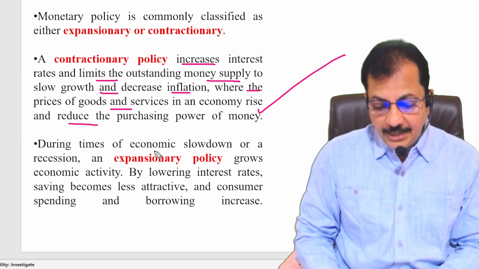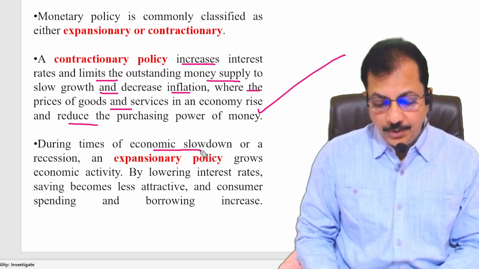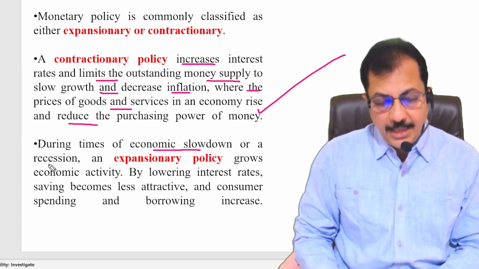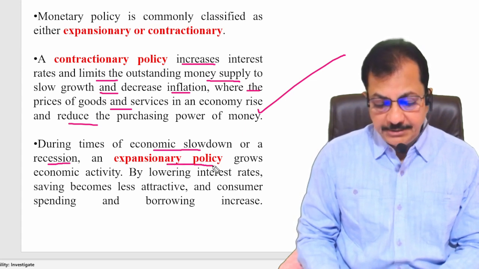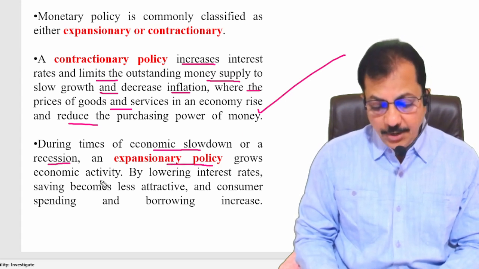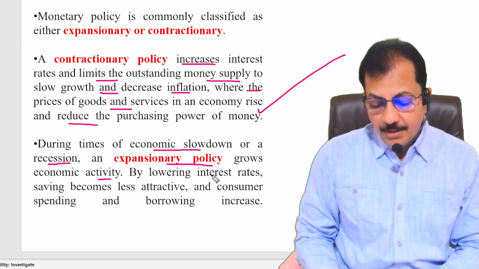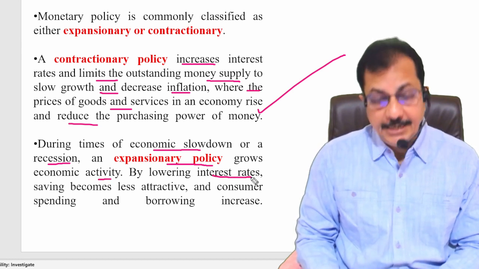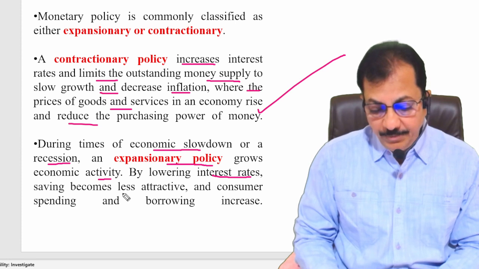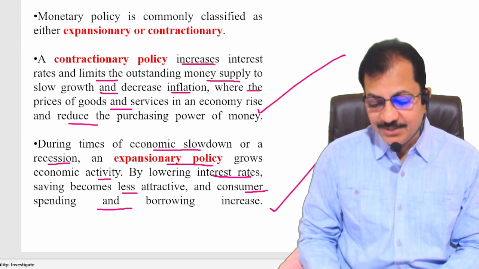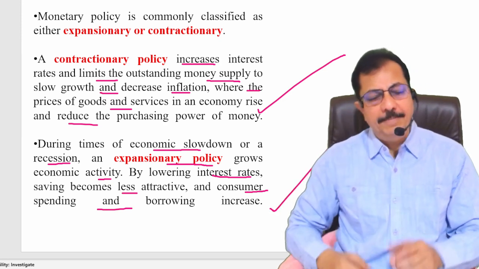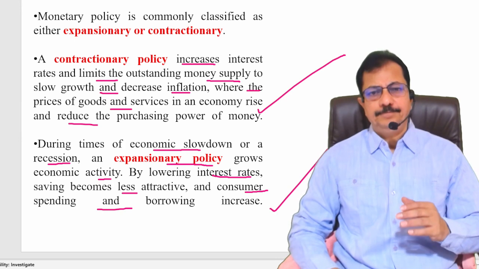During the times of economic slowdown or economic recession, an expansionary policy grows economic activity. By lowering interest rates, savings will become less attractive, and consumer spending and borrowing will increase. Is that okay? When more money is available, the spending will also increase, right?